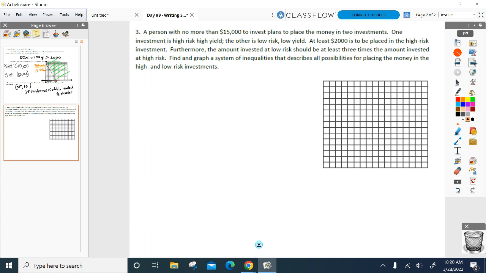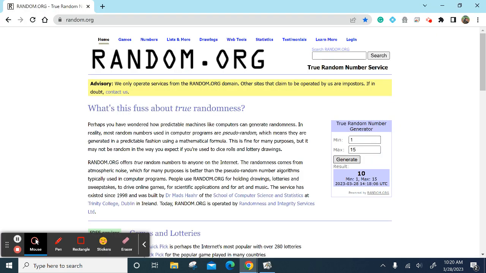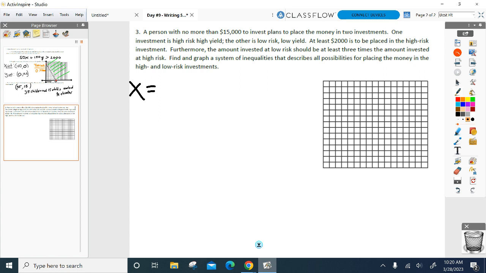Into 2 investments. One's a high risk, one's a low risk. And then you guys see we're going to put at least 20,000 in the high risk. There's number 2. And then something about the 3 times I'll get to at the end. So 2 inequalities here, right? For my 2 investments. You tell me, X will be, what's the first investment I have here? What type? High risk, good.